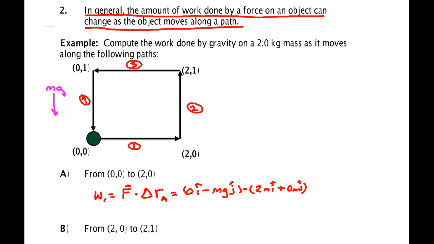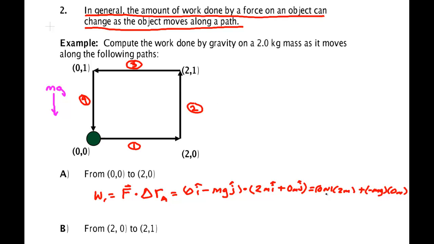So 0 newtons times 2 meters, plus a minus mg times 0 meters. And what do we get?